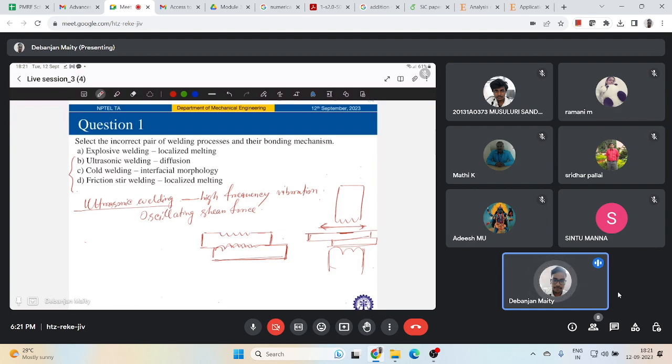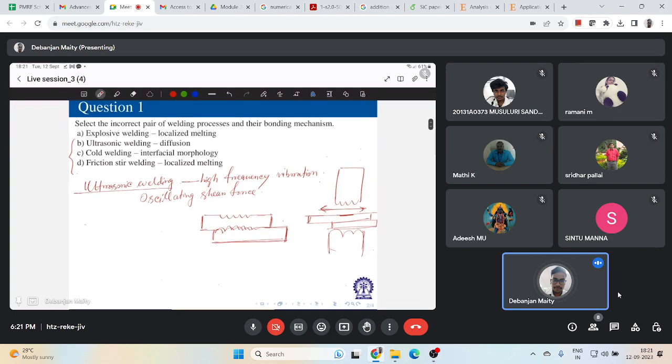Now I will come later to these different types of ultrasonic welding. So what are the different kinds of ultrasonic welding? There are two kinds of ultrasonic welding. One is this wedge reed system. What is the other? Anyone?